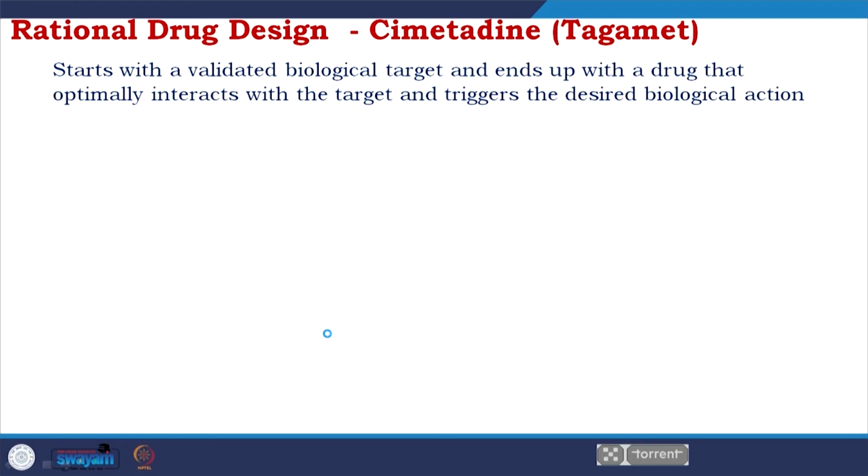So, you should have a valid biological target, be it structure known or not, and then using that target you get a drug that interacts very well with the target and gives you the desired biological effect.